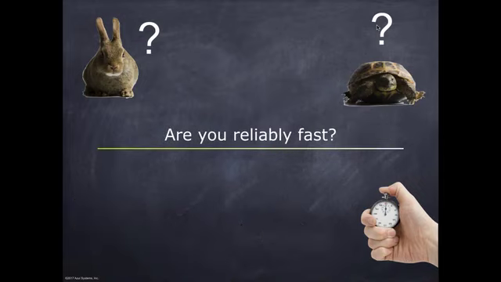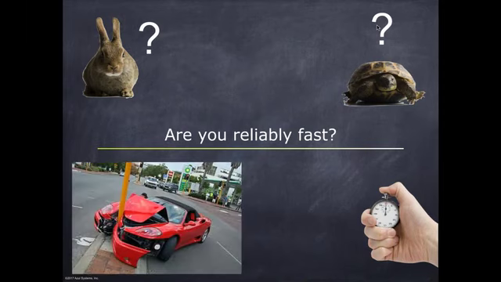And then, of course, the other thing is understanding, are you reliably fast? So it's all well and good saying, well, okay, our system can run at a particular speed and we can support a particular load and we can do that. But if you have to go through a situation where your system will run for a while and then it needs to be restarted in order to continue being able to deal with that load, then that's not reliably fast.